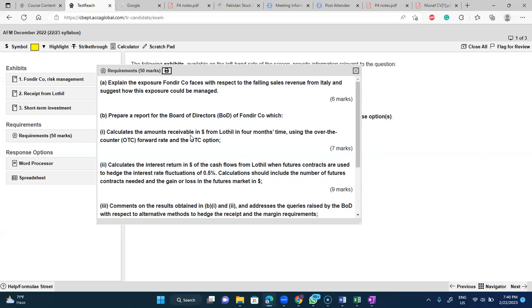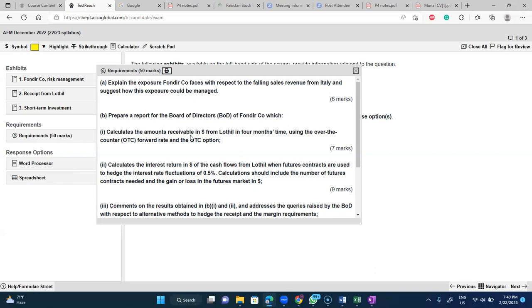Because of the weakening of the currency, it will be cheaper for the Italian customers to buy the products of the European exporter, and your products will become expensive there. If your products become expensive there, your sales value will decline.